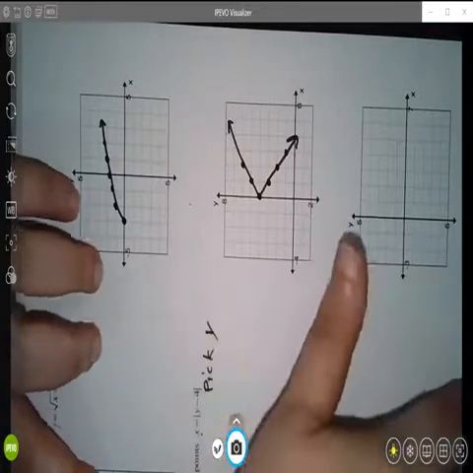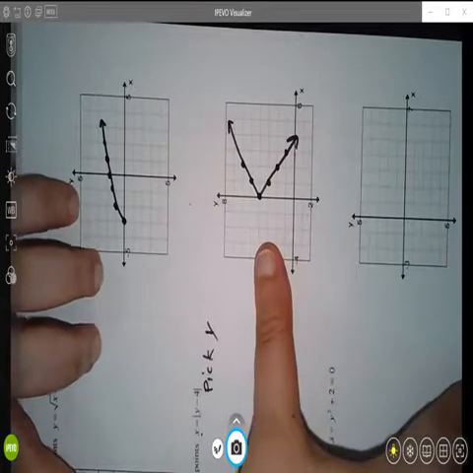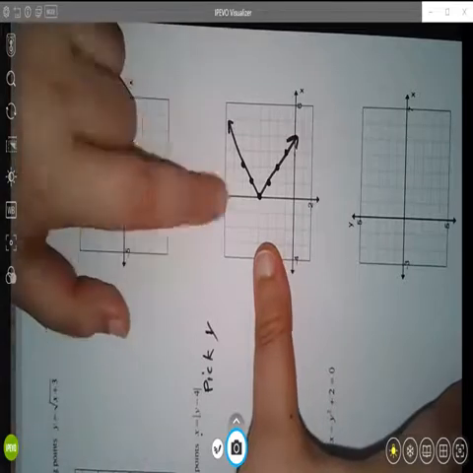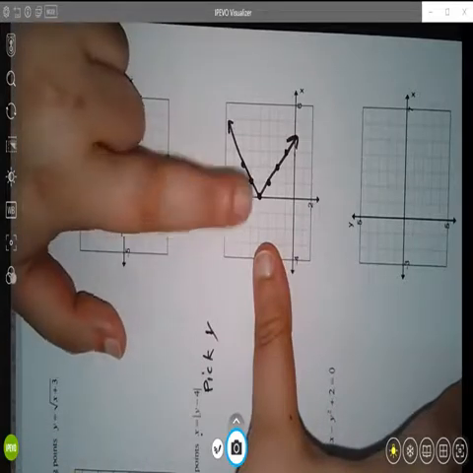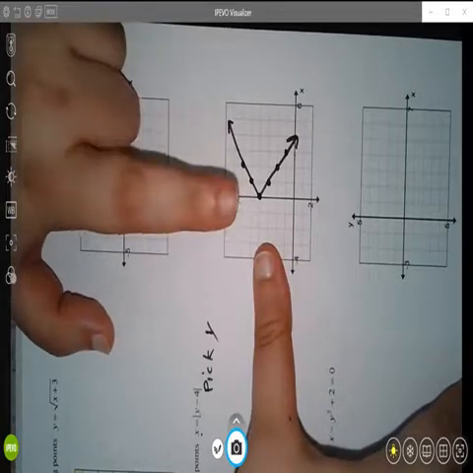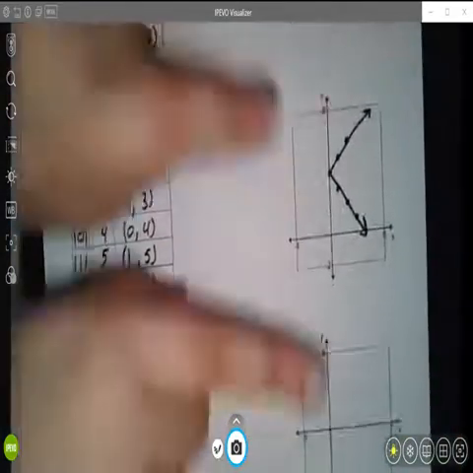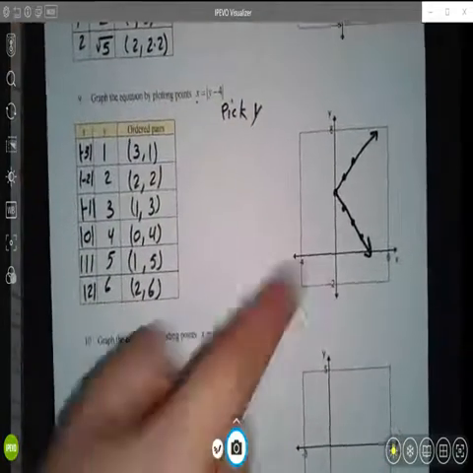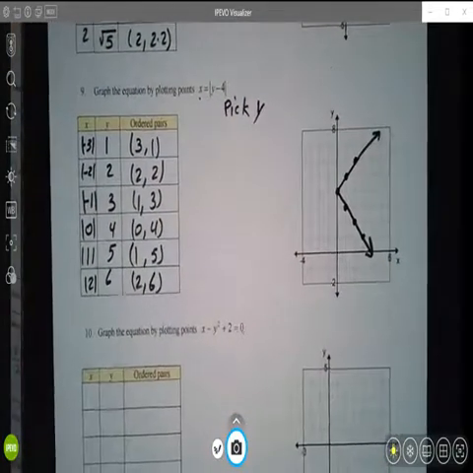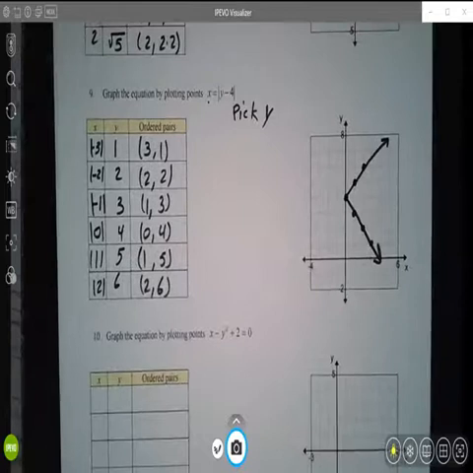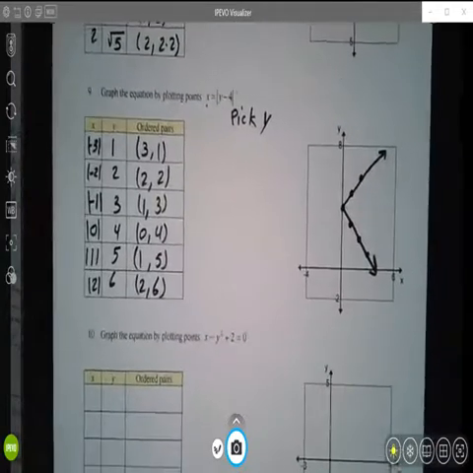Why? Because I made y my independent variable. Does that make sense? So this is what it usually looks like. Like if we graphed it to x instead of y, it would look like this. But because we did it to y, it was what? Sideways. Y was the center. Yeah? Just something interesting I want you guys to see.